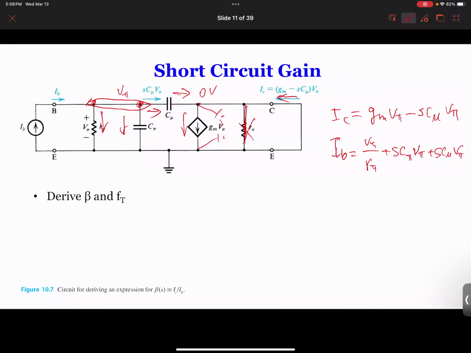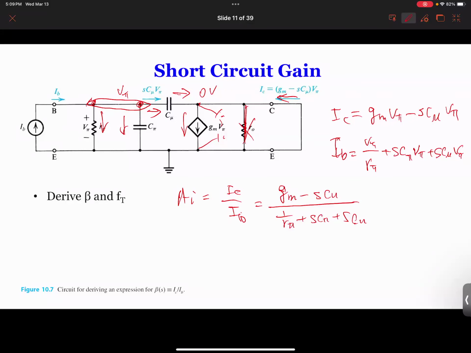So right away you can get the ratio, the current gain IC over IB. The V pi cancels, so we get gm minus S C mu divided by 1 over R pi plus S C pi plus S C mu. So this is the expression you have.